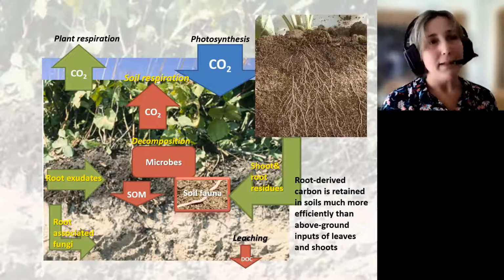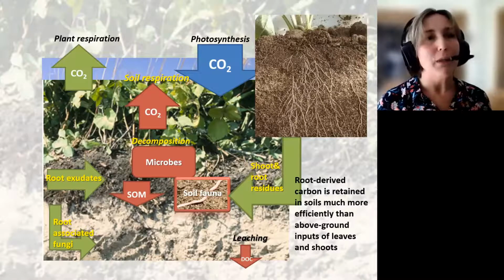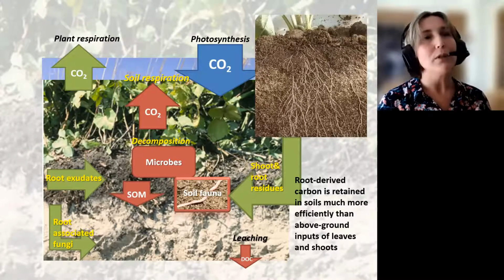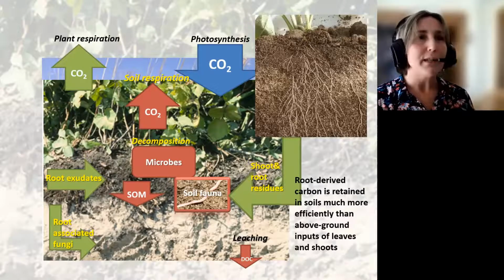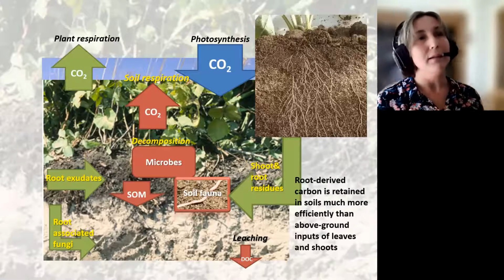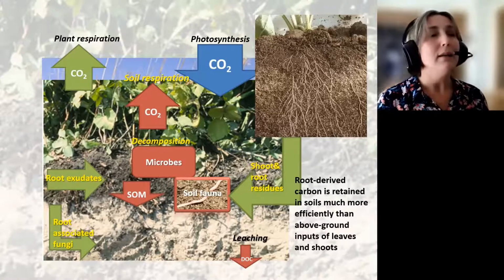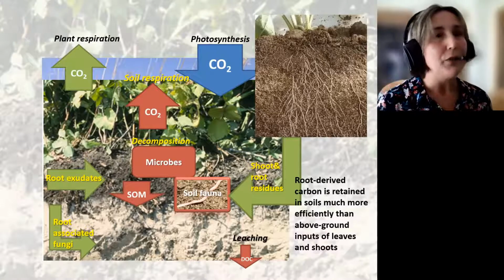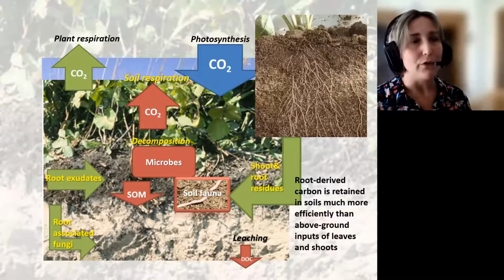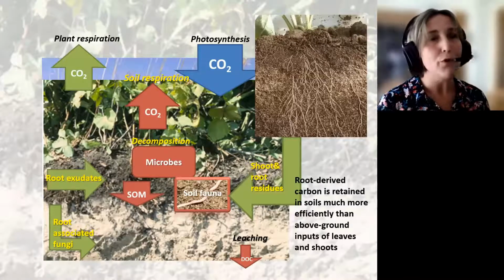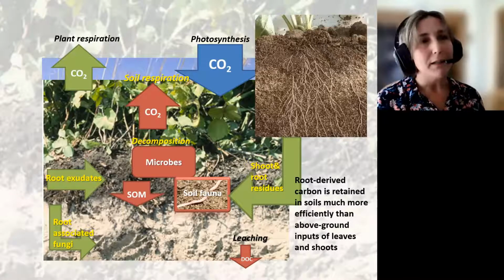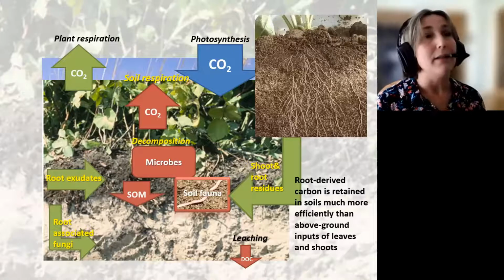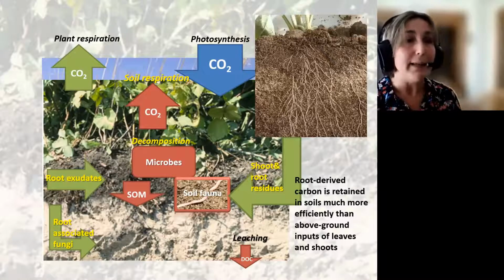So the biggest input of carbon from the plants that goes directly into the soil is, of course, root biomass, but also some of it comes from shoots and above ground biomass when the above ground materials are incorporated into the soil with tillage. But by far, roots play the biggest portion of what's put in.